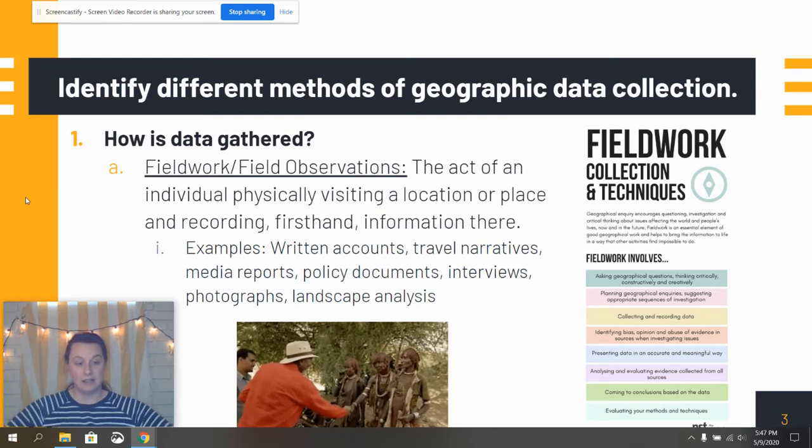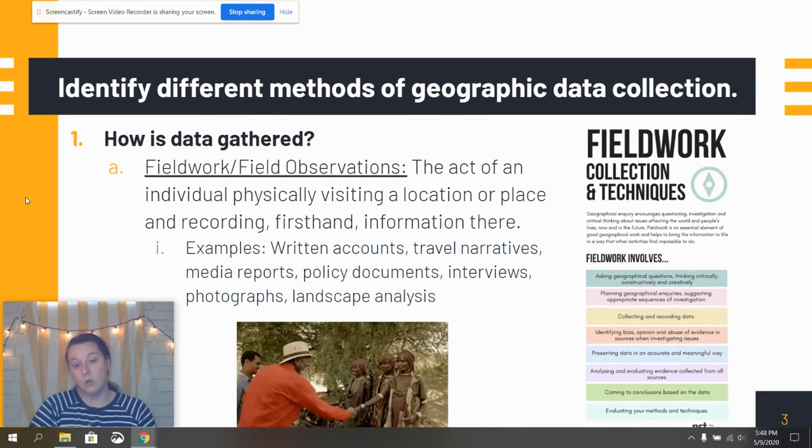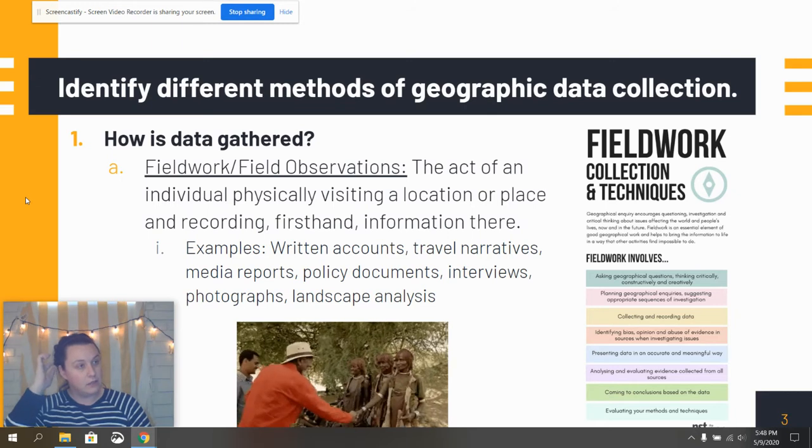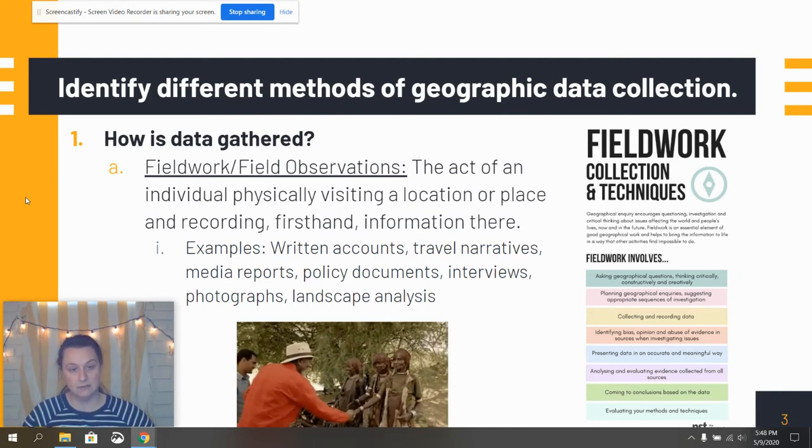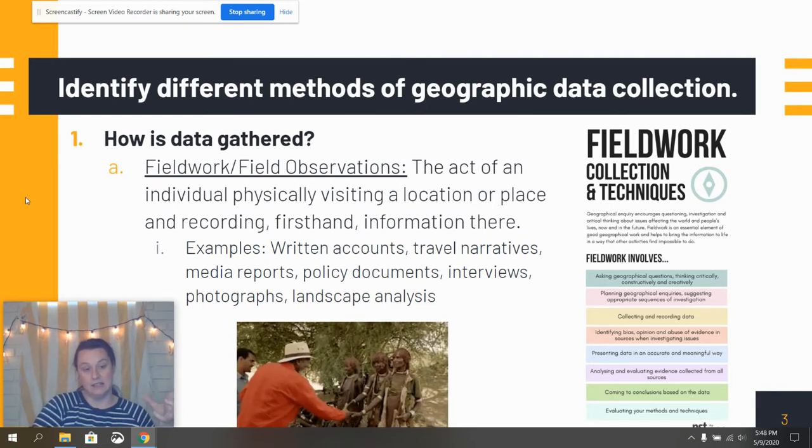And this is the act of an individual physically going to a location or a place and recording firsthand information there. When you think about history, primary sources are sources from someone who experienced the event firsthand, right? Made during the time of study. Well, that's basically what fieldwork is. It is a geographic primary source.